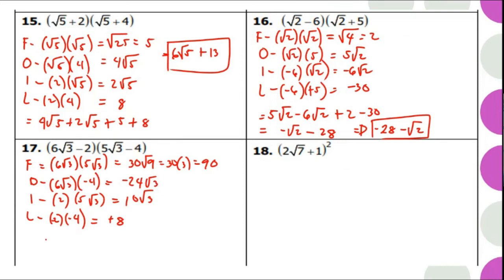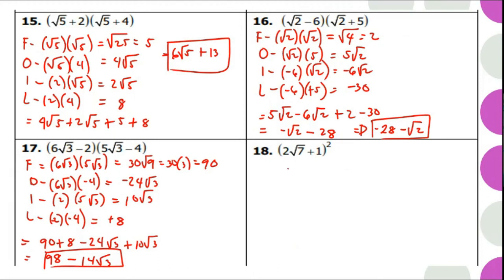So 90 plus 8 minus 24 square root of 3 plus 10 square root of 3. So we will now have 98 minus 14 square root of 3. So this will be our final answer.